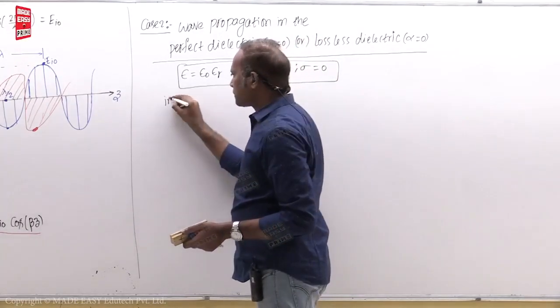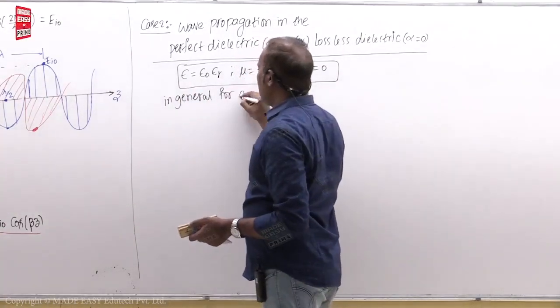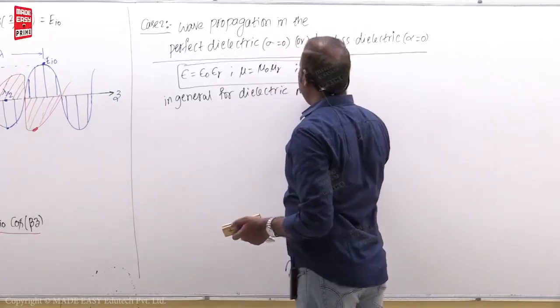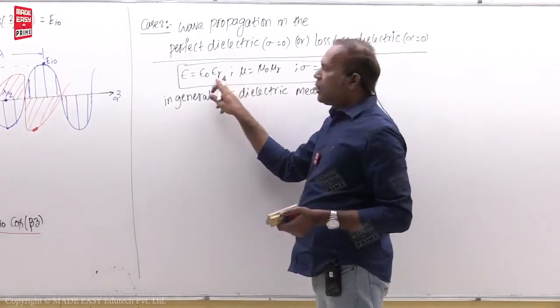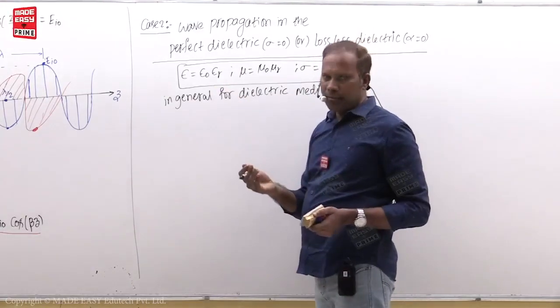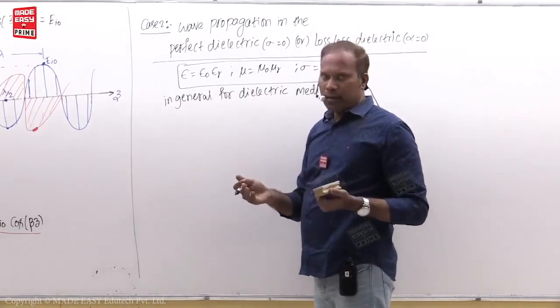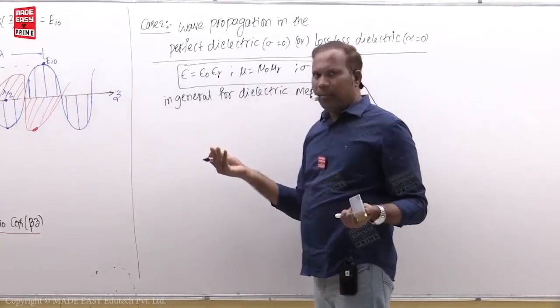So in general, for dielectric medium, dear students, epsilon r value is greater than 1. For magnetic medium, mu r is greater than 1. Dielectric medium is not a magnetic medium.